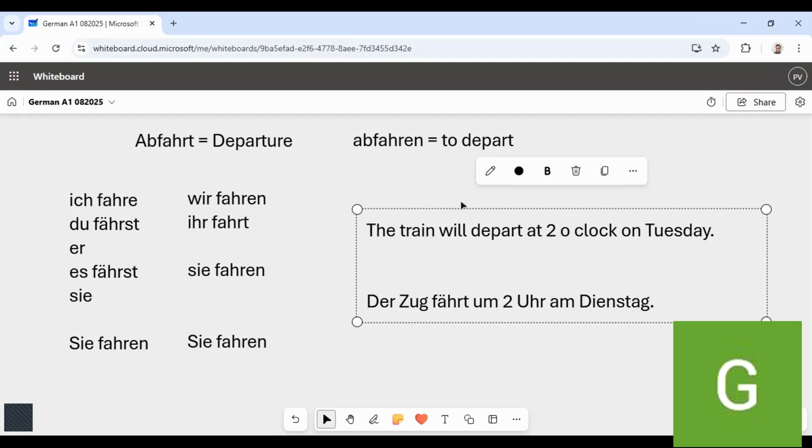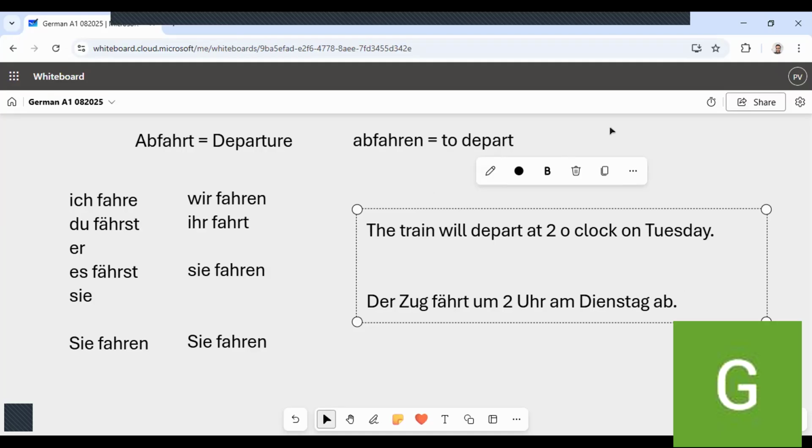Am Dienstag. Is the sentence complete now? No, the last it will come first: ab. Yeah, ab will come. Very good. Okay, so this is how a sentence can be made with abfahren.